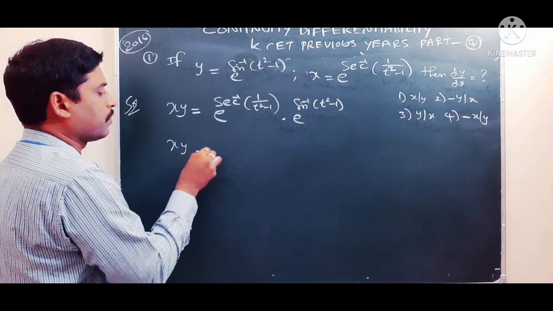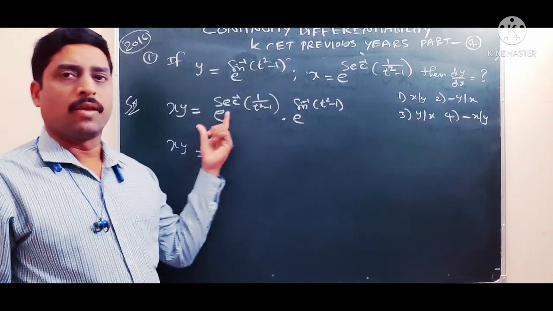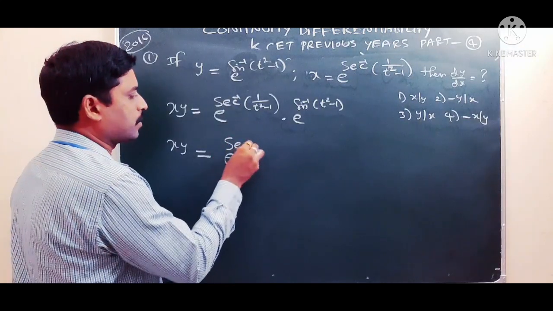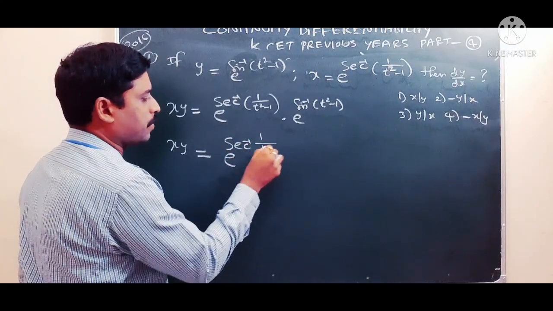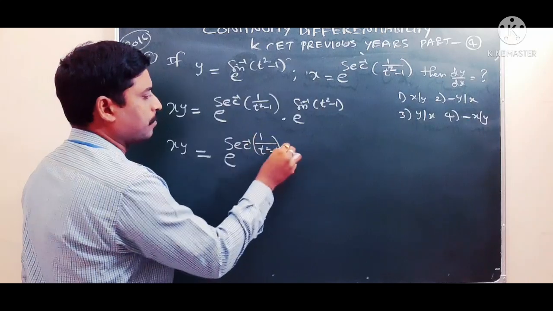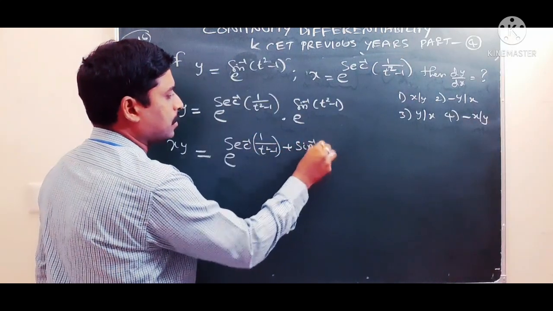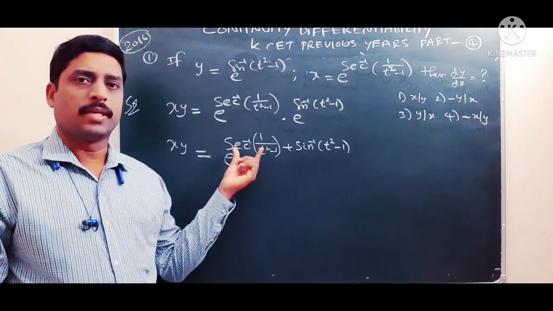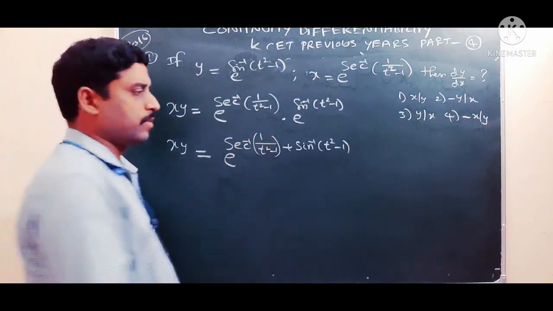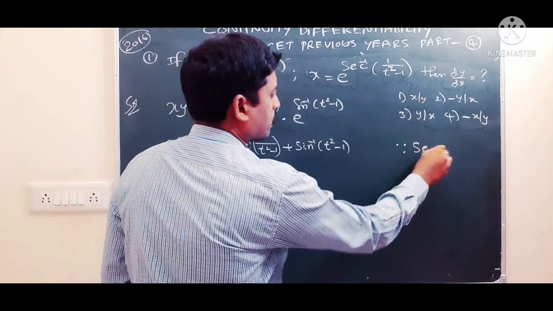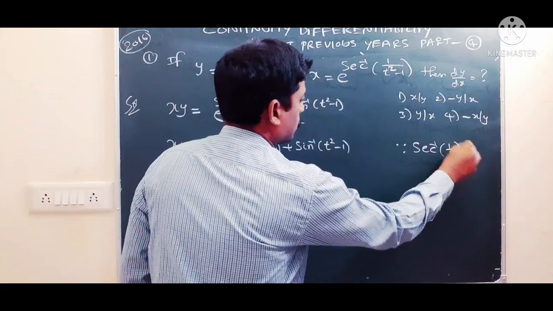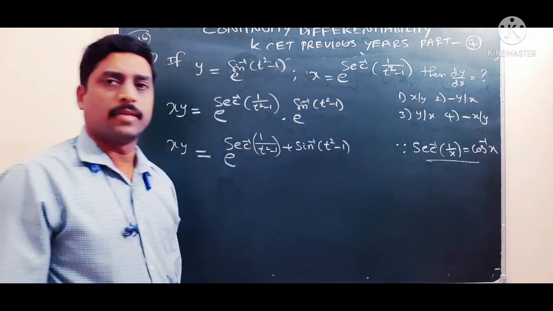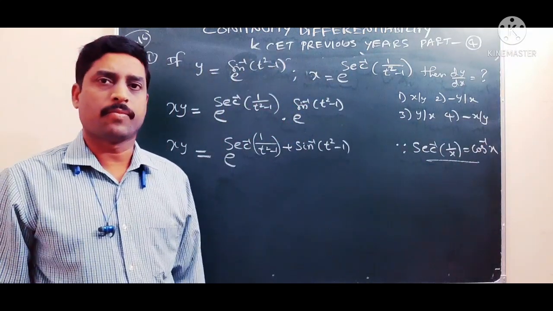Now xy is equal to, if bases are equal, powers are added: e to the power secant inverse 1 by t square minus 1 plus sin inverse t square minus 1. We have one formula: secant inverse of 1 by x is cos inverse x.